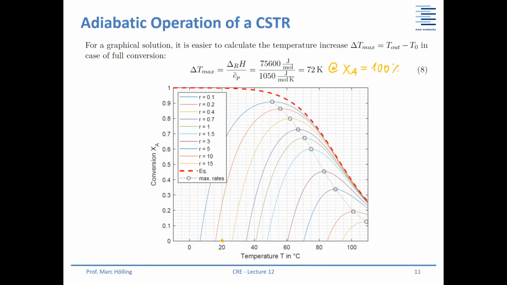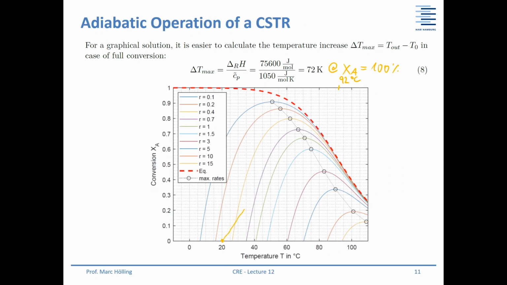So let's say we start at 20 degrees Celsius, it doesn't matter where we start, somewhere where we can easily calculate it. And we know my delta T max for 100% conversion is 72 Kelvin. This means if I start with 20 degrees and my delta T is 72 Kelvin, then my outlet temperature should be something like 92 degrees Celsius.